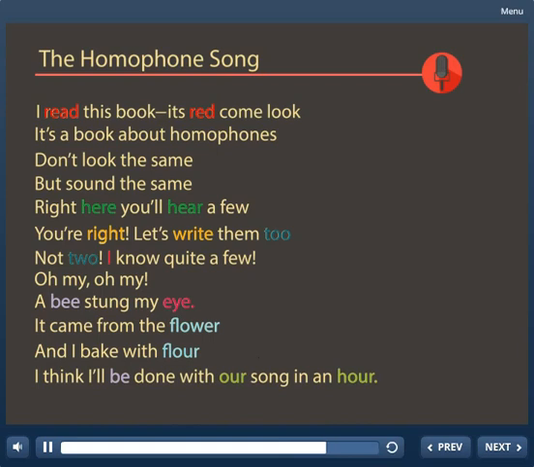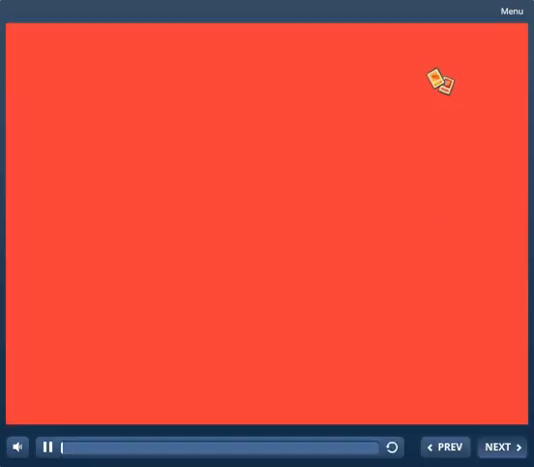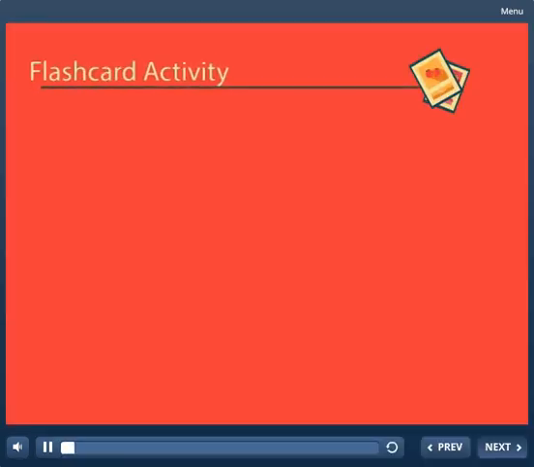Here are the sets of homophones from the song. Make flashcards for the children using common homophone pairs.